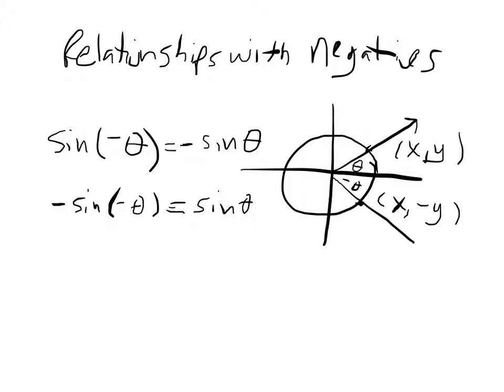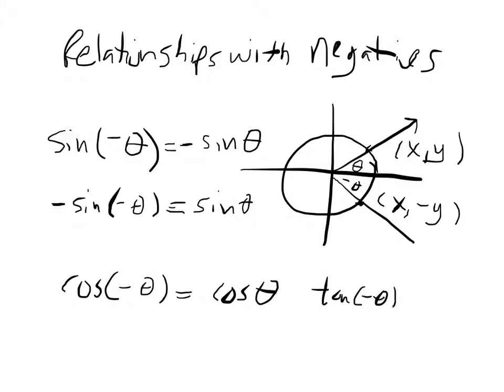Now obviously we note that with cosine, the x-coordinate won't change here, so my negative relationship with cosine is the cosine of negative theta is the same as the cosine of theta. Now tangent is y over x by definition, and so the tangent of negative theta equals the negative tangent of theta.